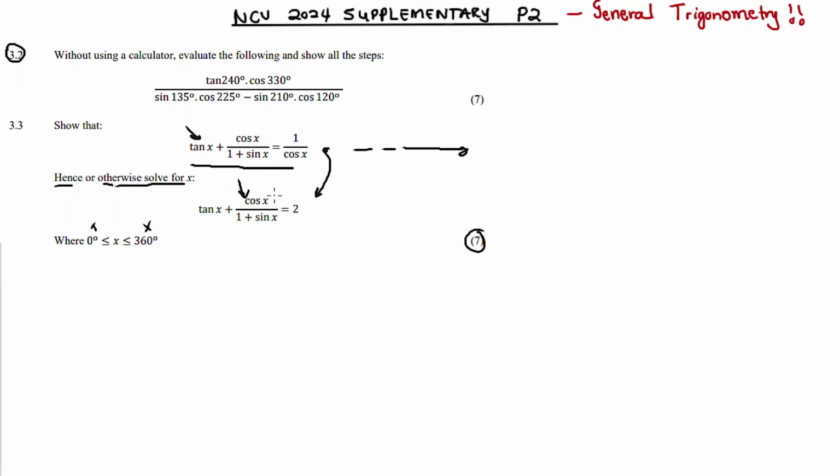Okay, so this, they are now saying it's equal to 2. Then they say solve for x. It looks somewhat complicated, but because the identity above is true, about this being equal to 1 over cos x equal to 2, this is also equal to that.